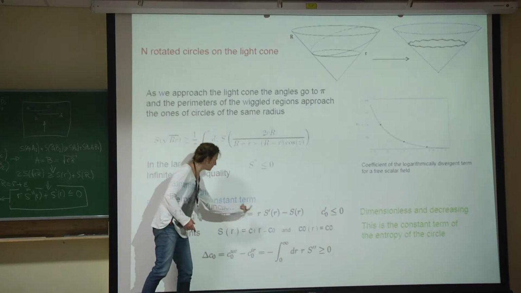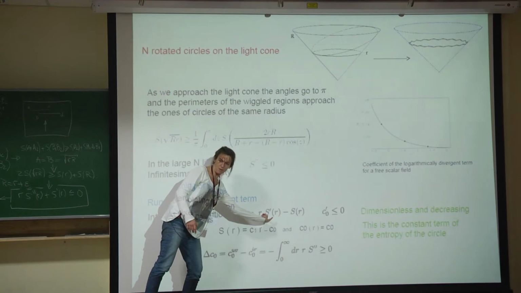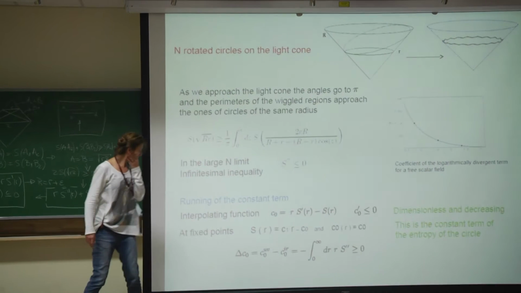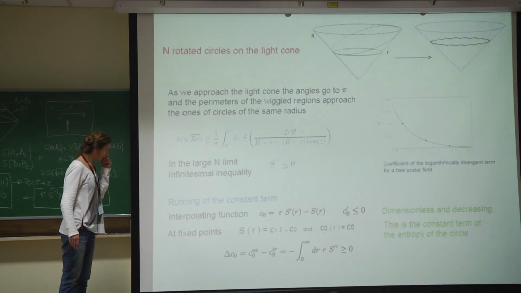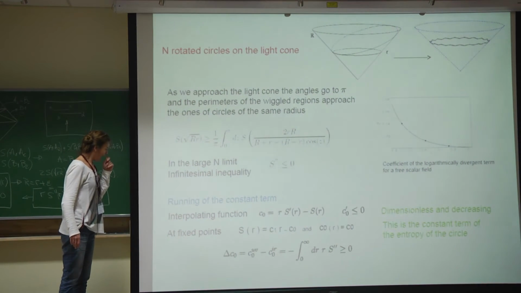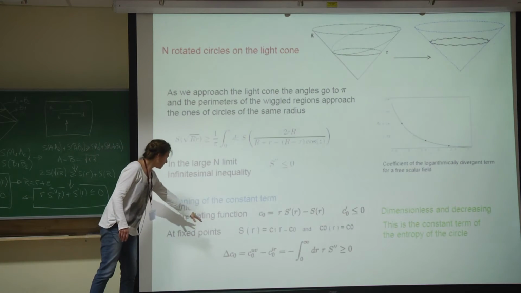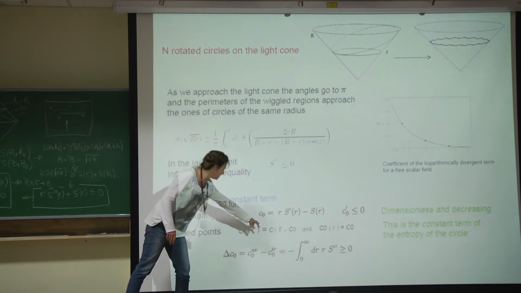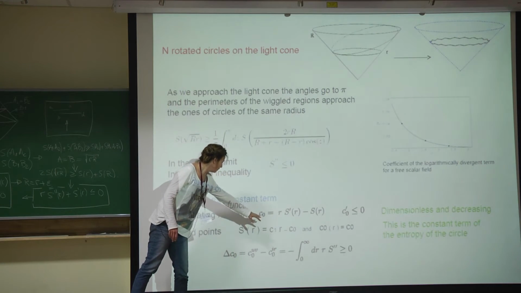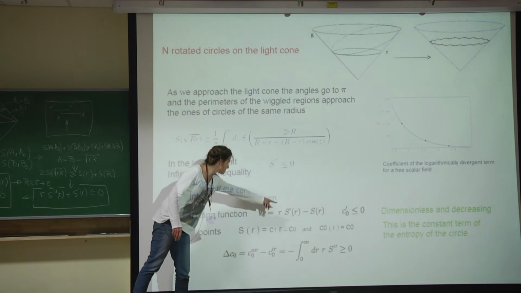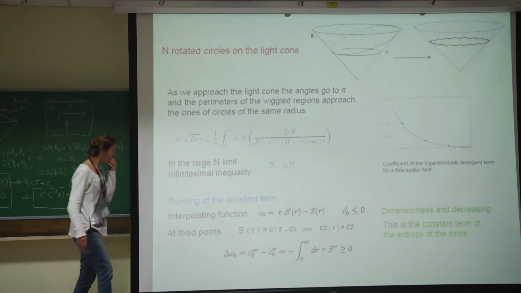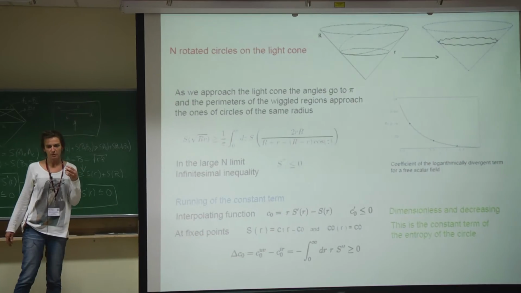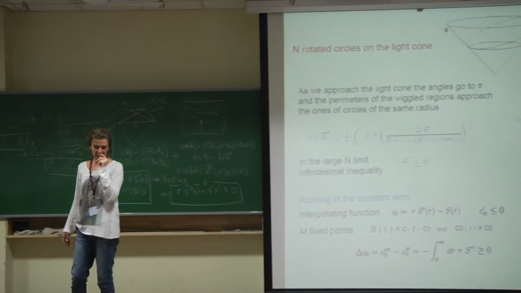In 1 plus 1, we have this piece only. Here, we have this. It depends on the entanglement entropy. And we know that at fixed points, the entropy has this linear form. And when you check the value at the fixed point, you get the constant term in the entanglement entropy.